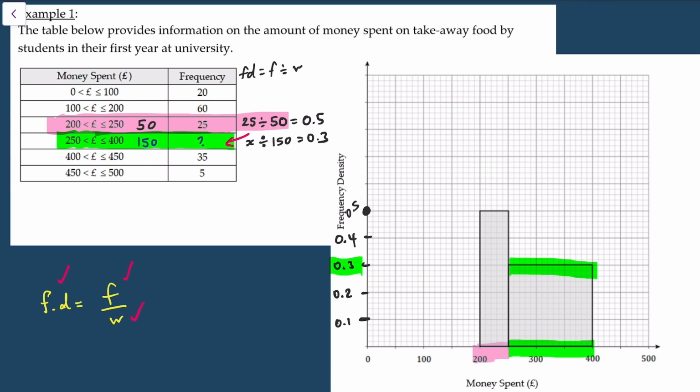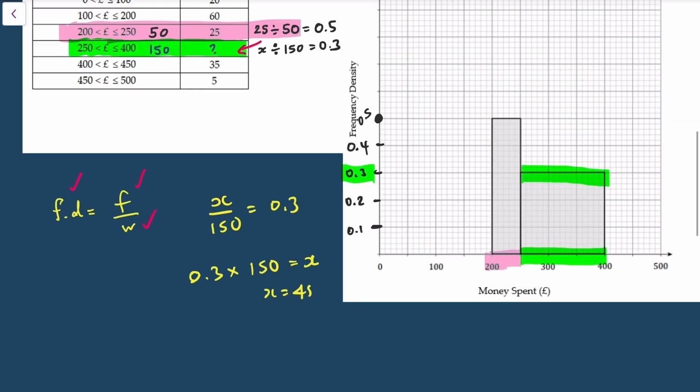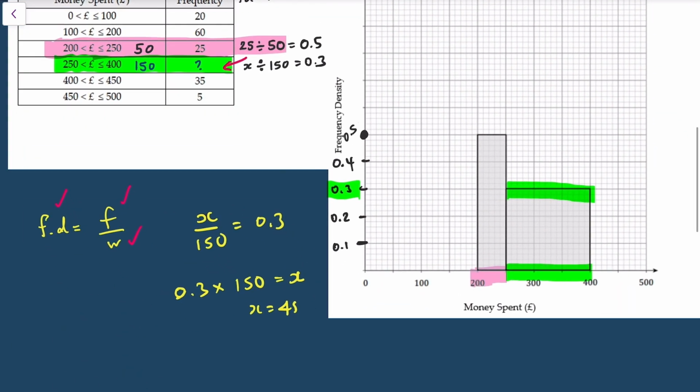If x divided by 150 is 0.3, then 0.3 multiplied by 150 must give me x, which in this case is 45. So we have worked out that the missing frequency is 45.